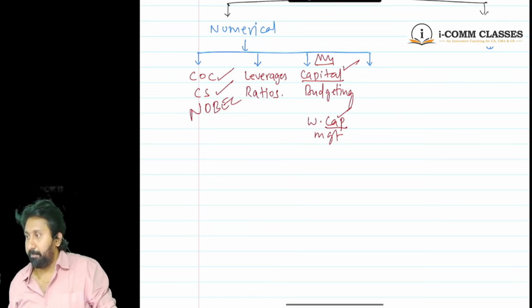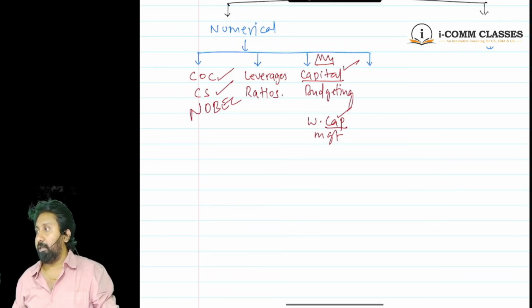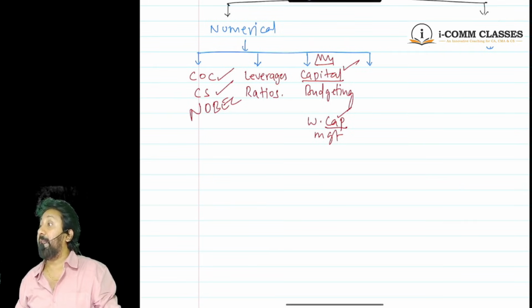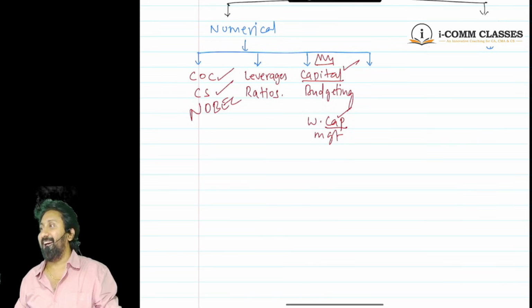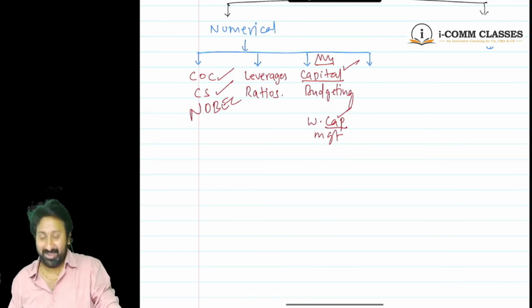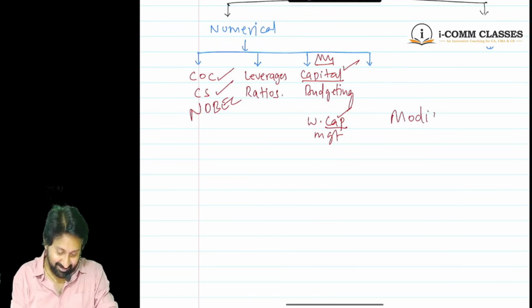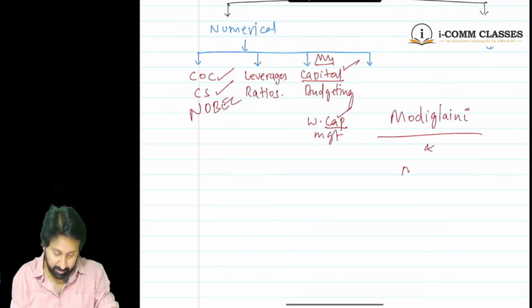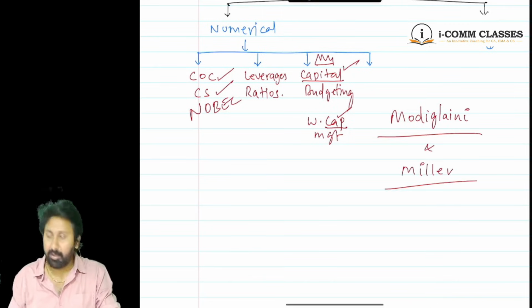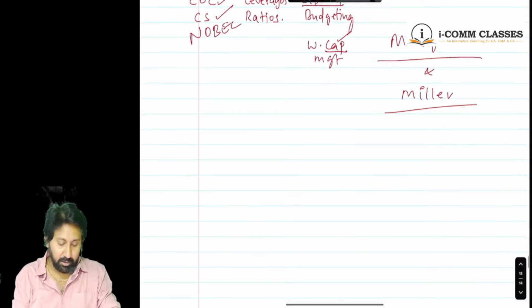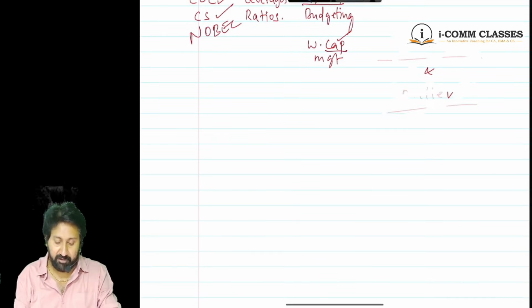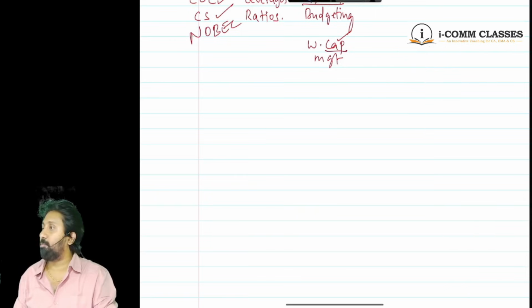There are two economists, Modigliani and Miller, who did a lot of research in the field of economics and brought finance models.